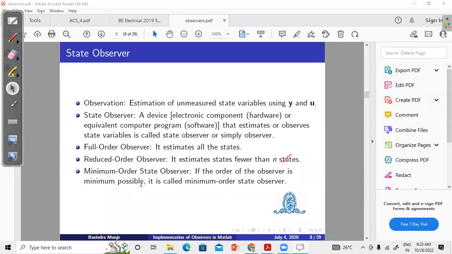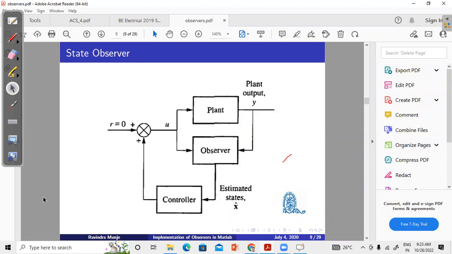A minimum order state observer is one where the order of the observer is the minimum possible. The minimum number of states that we observe, that is the minimum order observer.